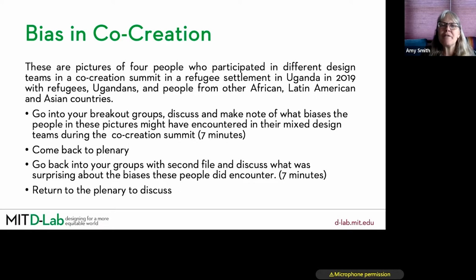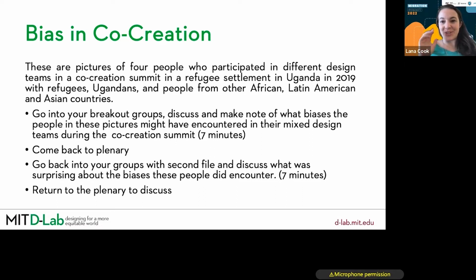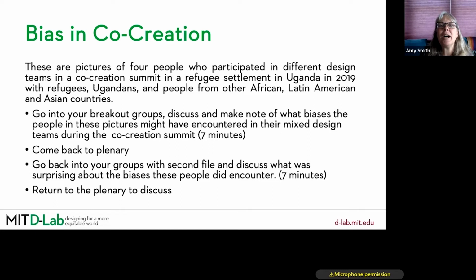So for now, open the file and, based on the profile that you see, think about what some of the biases might be that these people experienced during their experience at the Co-Creation Summit. I'll just note on accessibility, for those who are joining on mobile phones: if someone in your group is willing to download and share their screen for others who are unable to see or download that file, thank you so much. It's in the chat window. Hopefully everyone has it, and we'll look forward to seeing you in 7 minutes.